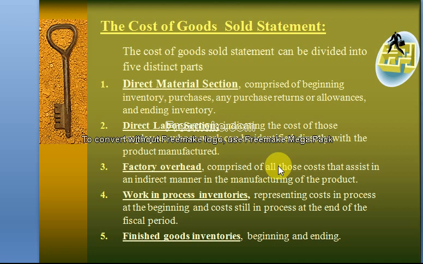All those costs which are not directly identified to a product, or that cannot be easily traceable to a unit, that cost is called factory overhead cost. It means that these are all those costs which are indirectly involved in a unit.